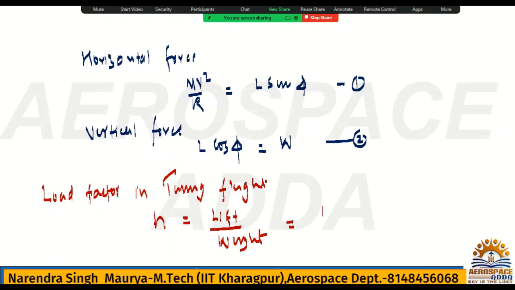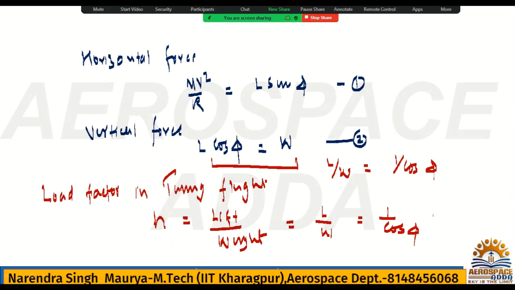If you check from equation 2, lift by weight you will get 1 upon cos phi. What is 1 upon cos phi? It is sec phi.